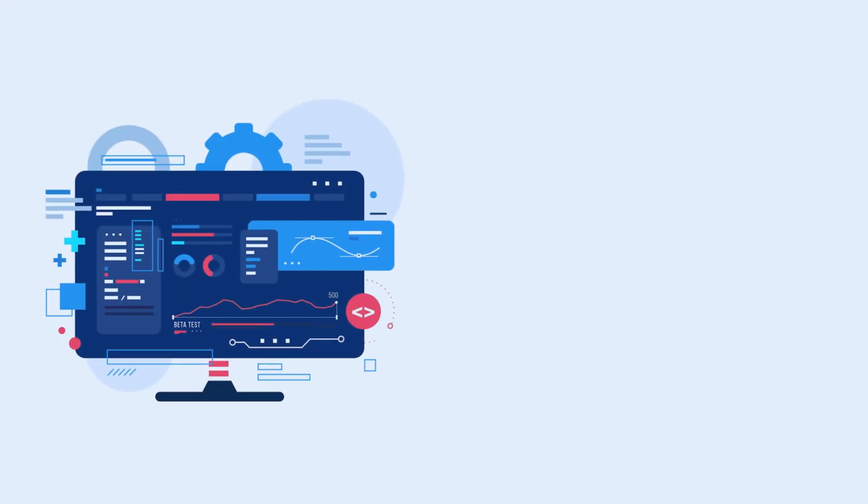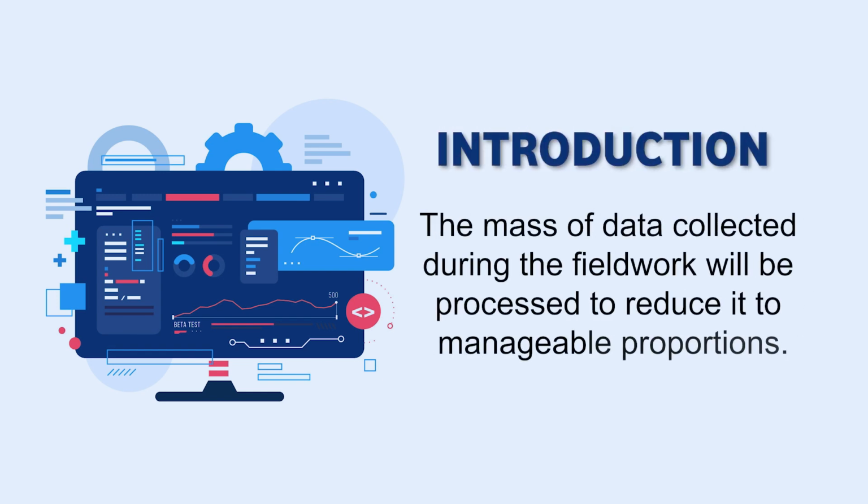So, therefore, data preparation and data editing is one of the most important stages in the entire data collection process. The mass of data collected during the field work will be processed to reduce it to manageable proportions, because we collect several kinds of data from the market, and the same data can be edited and processed through various stages as per the requirement of the research work, right?